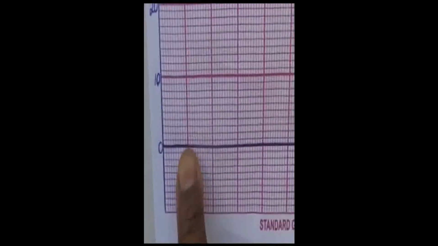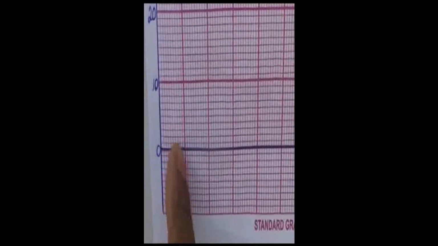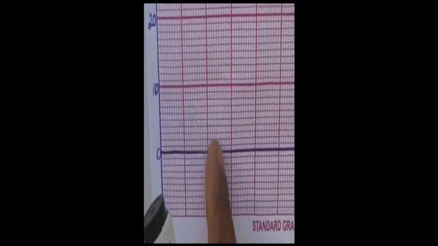If you go to the scale, you discover that the scale reads 1 cm to the width of the rectangles. What do I mean by that? That is along the x-axis. What I mean is that the rectangles that will soon appear here are going to be 1 cm width, 1 cm width, 1 cm width.